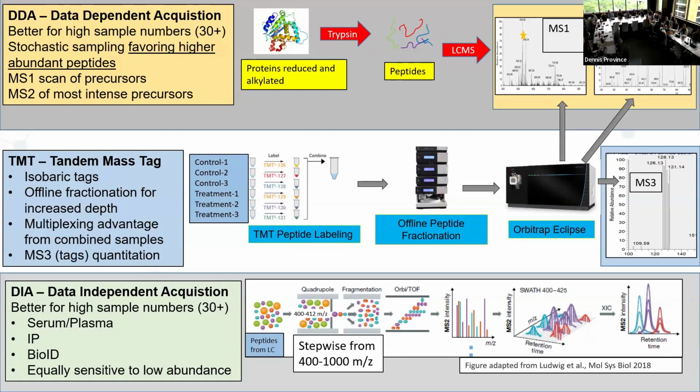And so there's a lot of stuff. It's a much more difficult experiment to do because you have to deal with these isobaric labels. It requires offline fractionation. So we have to actually use an offline fractionator to take that one sample and split it up into multiple samples that we then combine again.